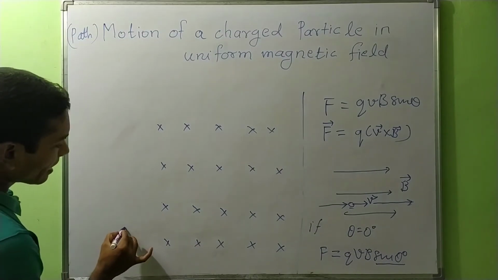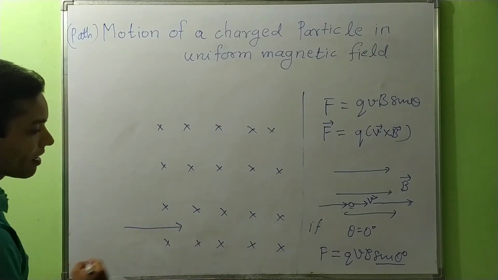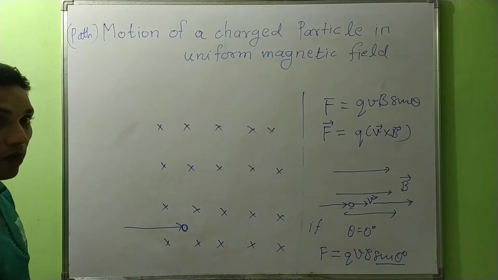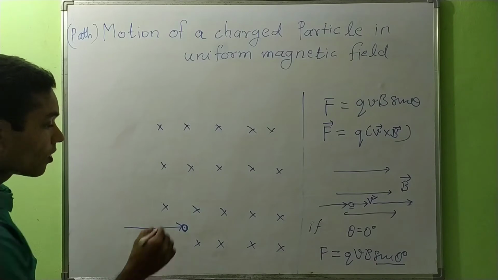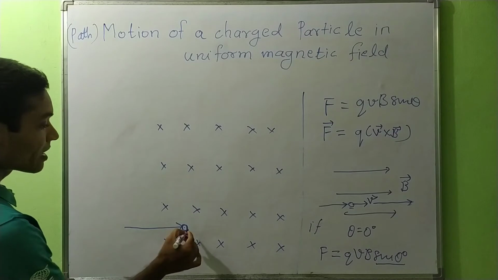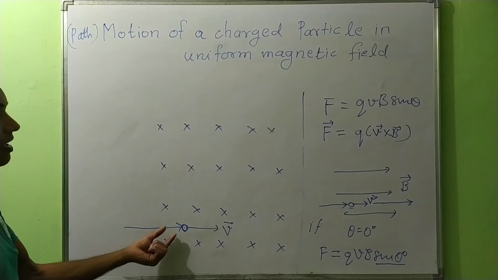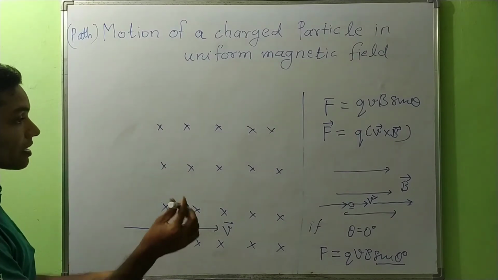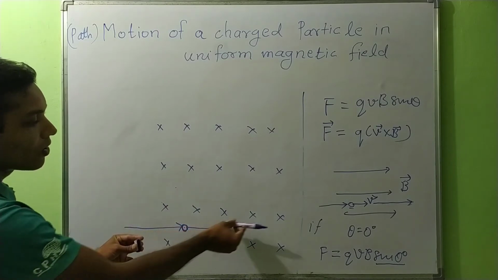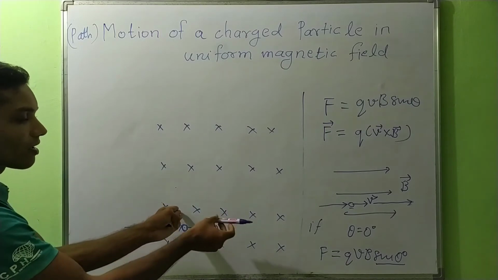If the charged particle enters the magnetic field along this direction, then when the charged particle reaches here, what will the direction of force be? It is perpendicular to the magnetic field, because the direction of velocity of this charged particle is perpendicular to it. The direction of the magnetic field is inward and the direction of velocity is along this direction. These are perpendicular to each other.